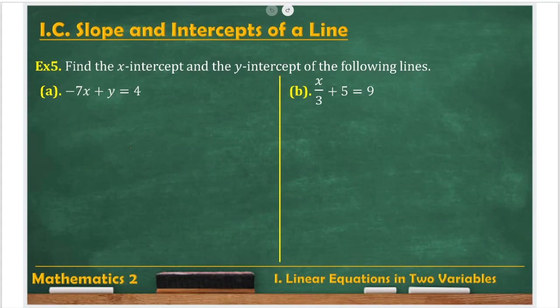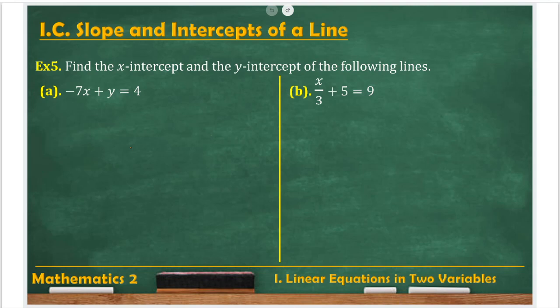Okay, so that means since the intercepts are part of the coordinate axis, then one of the coordinates should be equal to 0. For the x-intercept, since it's part of the x-axis, the y coordinate is equal to 0. Whereas for the y-intercept, since it is found on the y-axis, definitely the x-coordinate should be equal to 0.